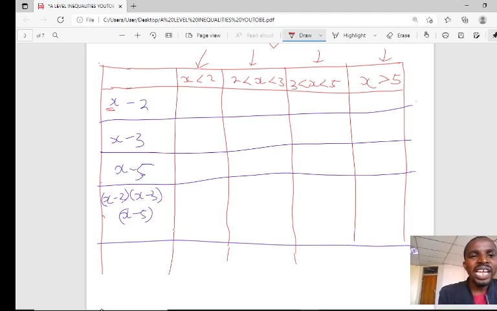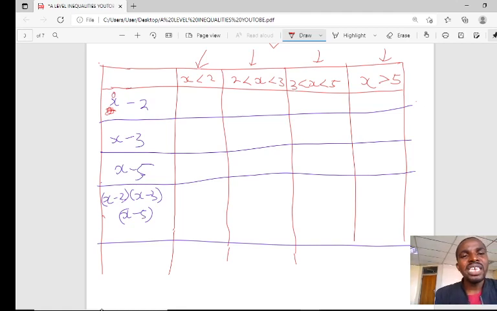You put on x here any number that is less than 2, right? If you substitute x with any number that is less than 2, are we going to get a negative number or a positive number? So take for example 0 is less than 2, right? If you put 0 where there is x, it will be 0 minus 2.